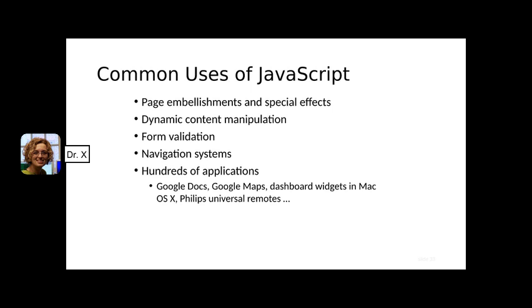We're obviously reviewing JavaScript when talking about web browser security because it's being executed on the browser side, on the client side. And it can add cool special effects, dynamic content, navigation, and it's really widely used in hundreds of applications, or probably thousands nowadays.